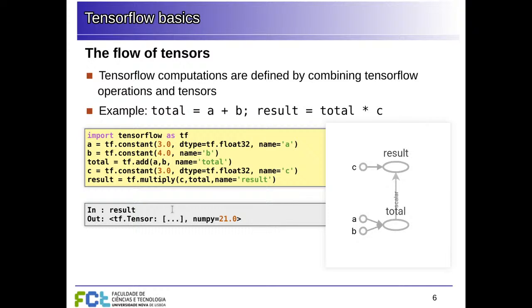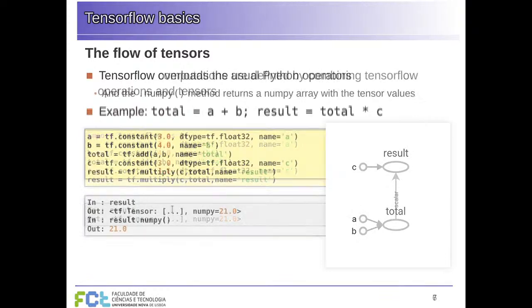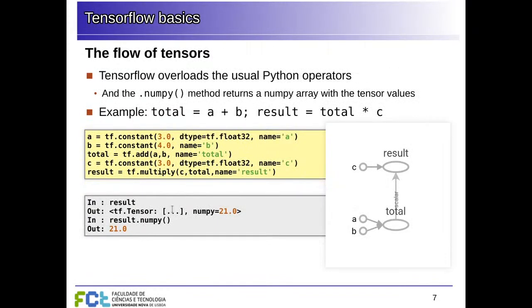But note that at this stage we're only dealing with constants, and this is not very interesting because we need something that we can actually change the parameters for training our networks. So what we can do here, we're going to see, is to create different kinds of objects, variables, for example. And these objects, the constant, the variables, all these operations in TensorFlow have this special format, the tensors in TensorFlow. So when you get the result, you get a TF tensor with some kinds of values.